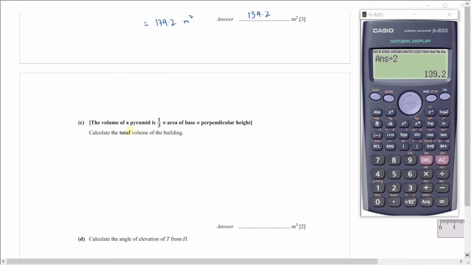Part C: you're given the volume of a pyramid. Calculate the total volume of the building. So the volume of the building will be the volume of the cuboid, which is at the bottom, plus the volume of the pyramid at the top.